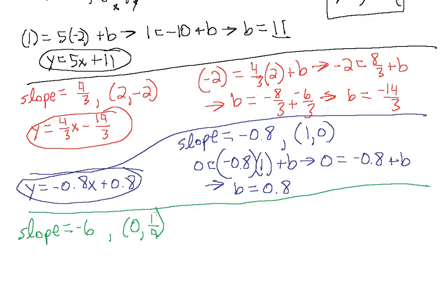Okay, we could actually bypass solving for the y-intercept by stopping and thinking about what the y-intercept is. It's the y value when x equals 0. So we actually know the point on the line where x equals 0 because we're given it right here. So this is our b term, 1/4.